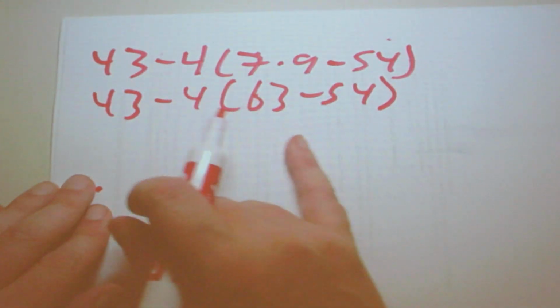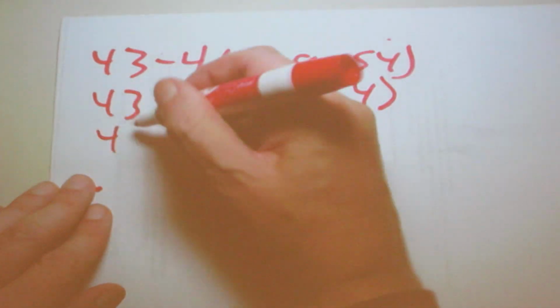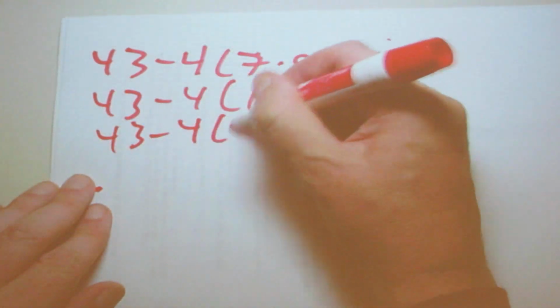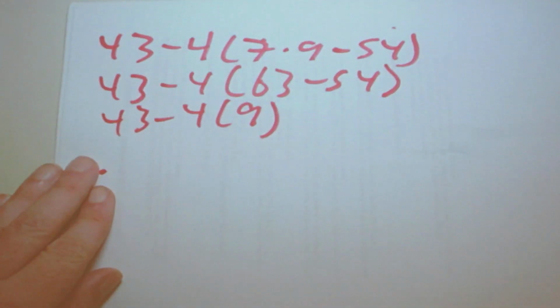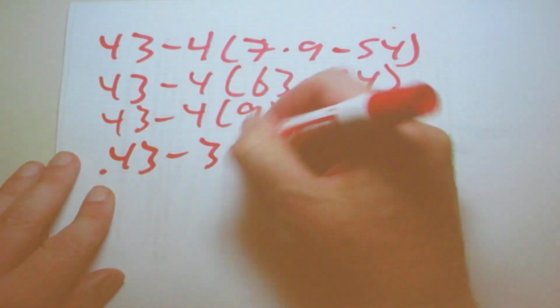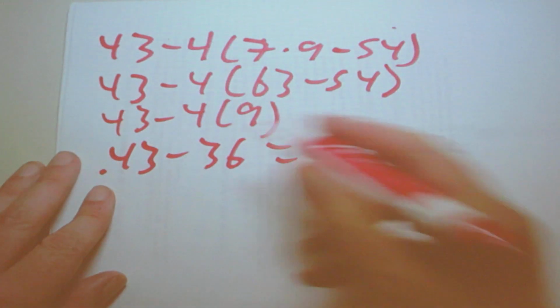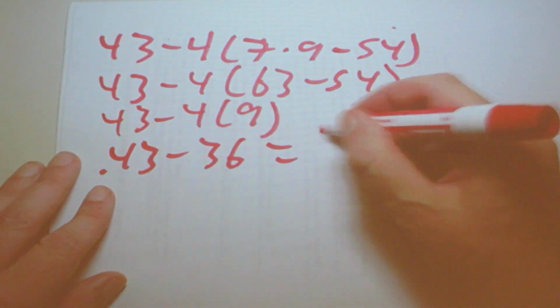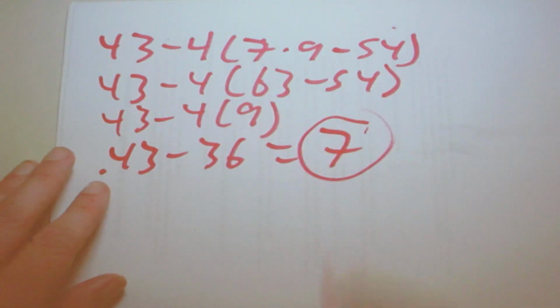When we subtract these, we're going to get 9. 43 minus 4 times 9. Then we do the multiplication. 4 times 9 is 36. When we subtract 43 minus 36, we're going to get 7.